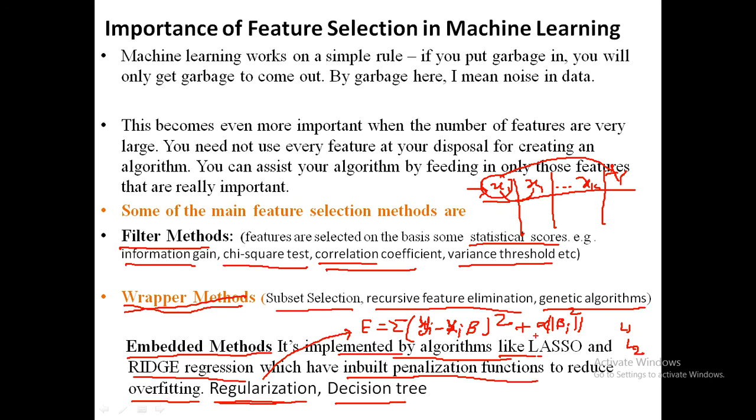This additional term added in the optimization function acts like an inbuilt penalization function, and this is used to reduce the overfitting of the model. So that is an example of the embedded method.